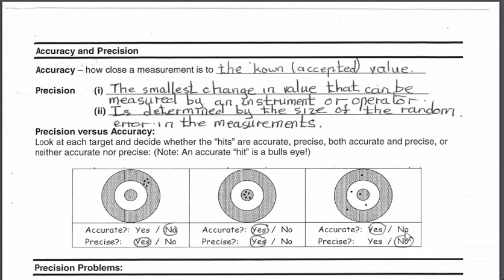And then precise, no, they're not precise because there's a large random error. Basically, it's the person who's taking this set of measurements doesn't really know what they're doing, and they're just getting random measurements all over the place. It just so happens that the average is actually relatively close to the true value.